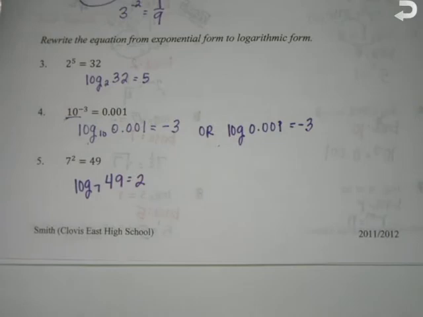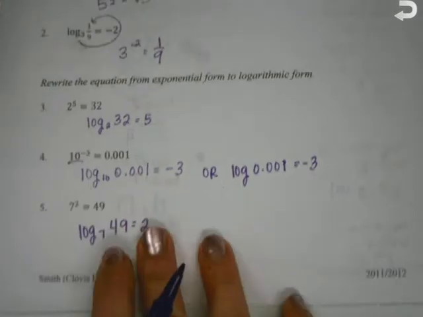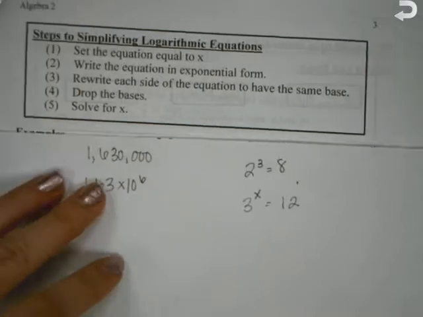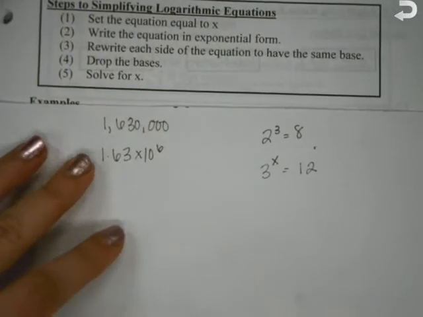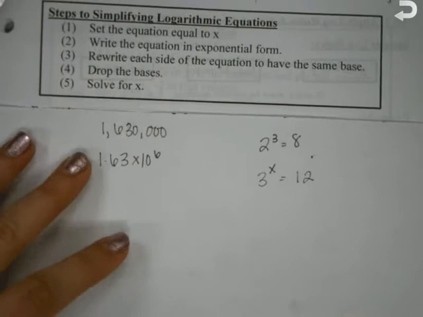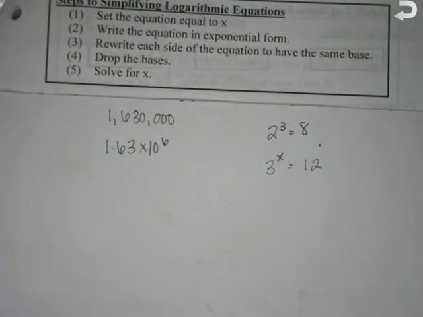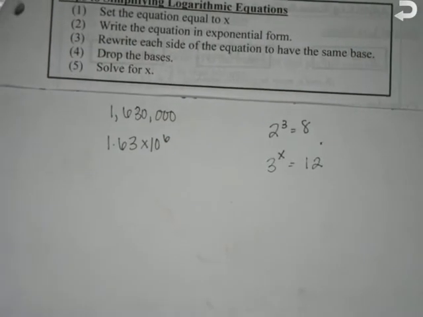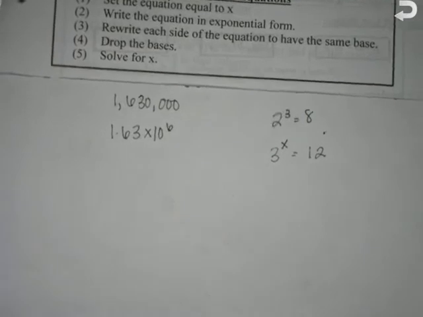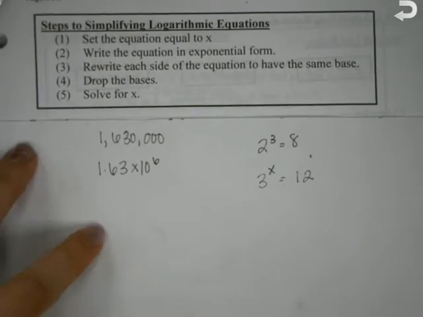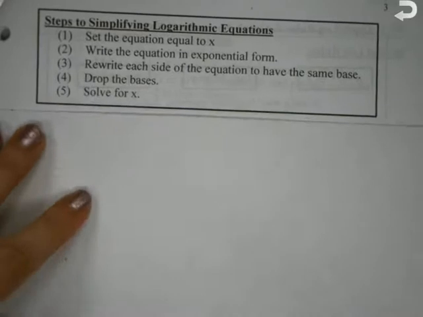Okay, so for the next page, we're actually going to be simplifying these things. So we're going to be given a log, but we don't know what it's equal to yet. So we need to actually figure out what it's equal to. So there's some steps that we have to follow. Okay, so number 1, we first set the equation equal to x.